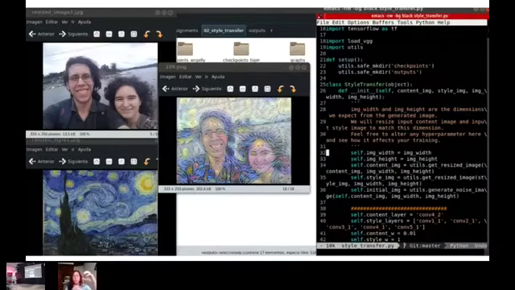Actually, there are two artificial intelligences that are fighting each other. One is trying to maintain as much information as possible from the beginning. So one is fighting for maintaining in the generated image that there are two people, that there is a background, there is a sky. And the second one is fighting for putting all the artistic style, all the colors, the distribution of those colors over the image.